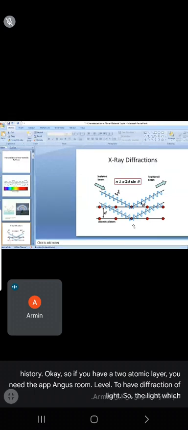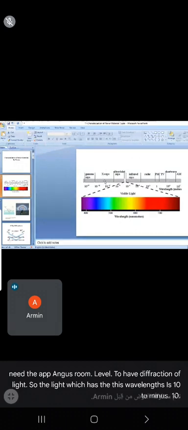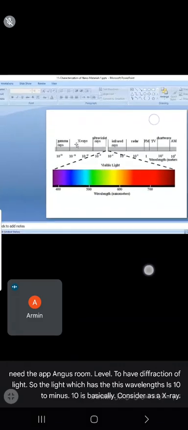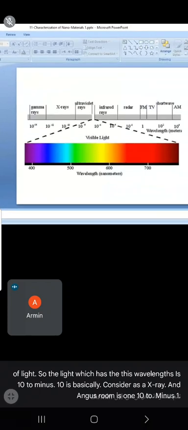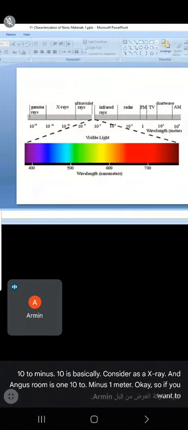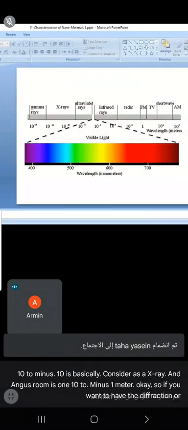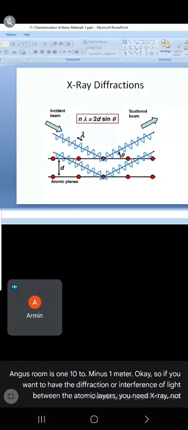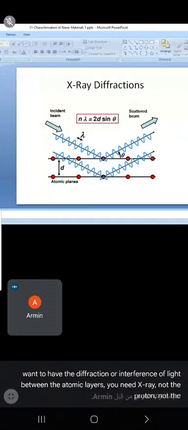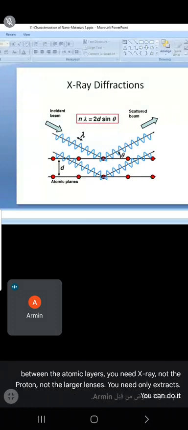So light which has these wavelengths, 10 to the minus 10 meter, is basically considered as X-ray, and an angstrom is 10 to the minus 10 meter. Okay, so if you want to have the diffraction or interference of light between the atomic layers, you need X-ray, not the large wavelengths. You can do it with X-ray.